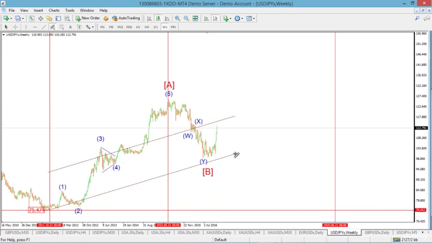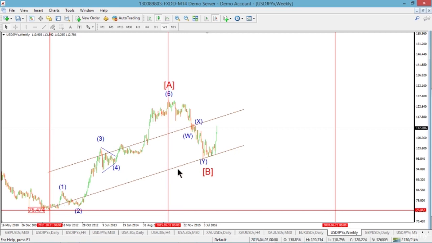So we'll start at the very low and project the bottom line of the trend channel to our wave B low. We want to connect the very beginning of wave A at the extreme price low at 75.47 there, and get the line tangential to the bottom of the B wave here. Then we'll grab the top line and connect it to the top of our wave A. Now that gives us a parallel trend channel.